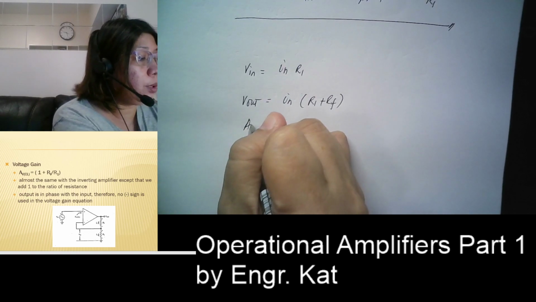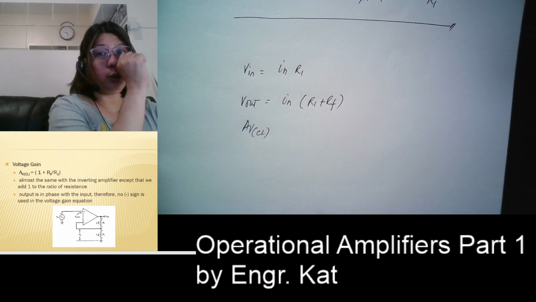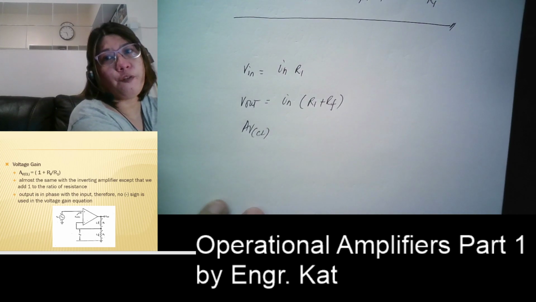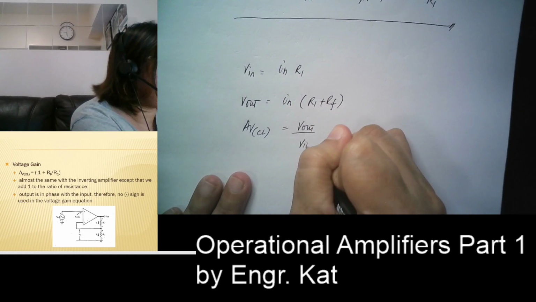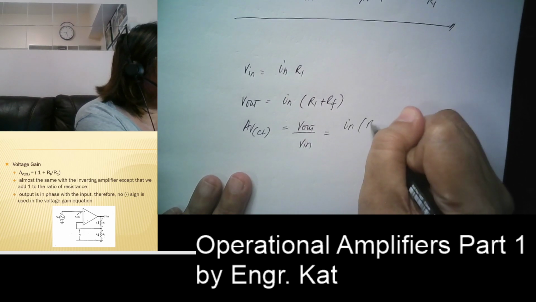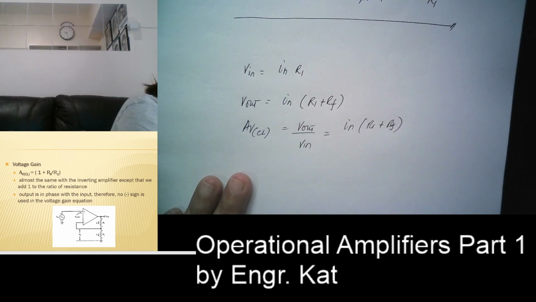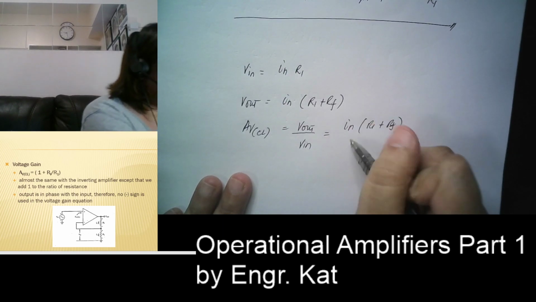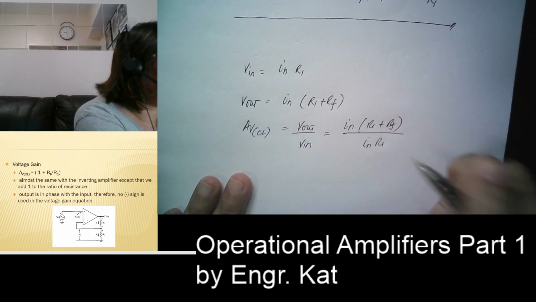So getting now the voltage gain, we place here a closed loop voltage gain because we already have a feedback. That will give you V out all over V in. Okay, so our V out is equivalent to I in times R1 plus RF, divided by I in multiplied by R1.